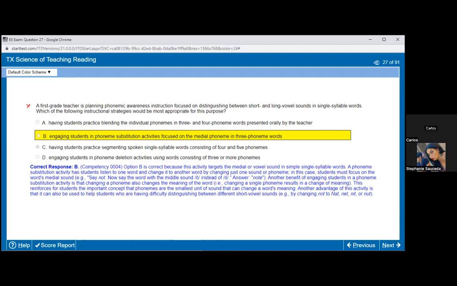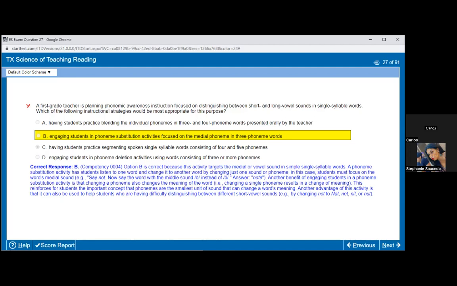I would have chosen B, because we are engaging them. It's just more the ones that begin with engaging, instead of having the students practice by themselves. Engaging the students in an activity is always a better choice.